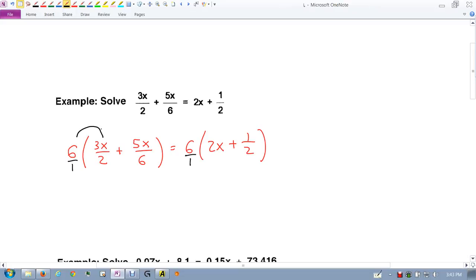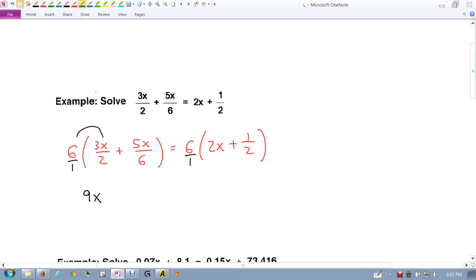Here to here, you're really multiplying 6 over 1 times 3 over 2. What's 6 over 1 times 3 over 2? 18 over 2, but that reduces to be a 9. But you still have next to that the x, right? So that first multiplication is 9x.